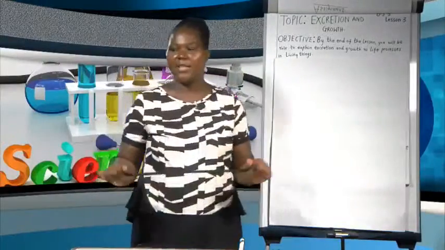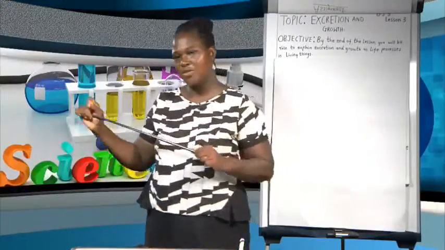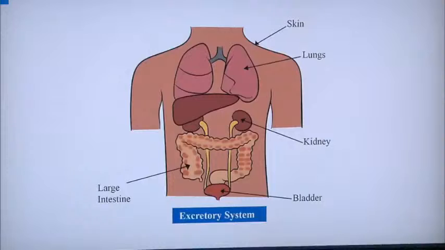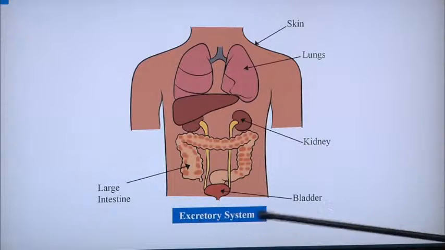Learners, let's go to our screen and look at excretion. We'll take excretion first before we go to growth. So let's look at the diagram on our screen. This is the excretory system.